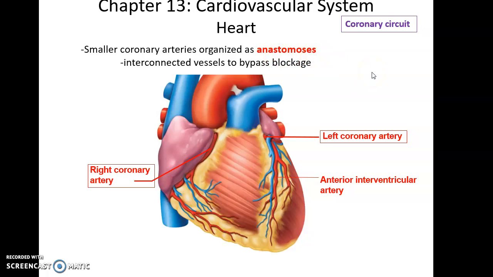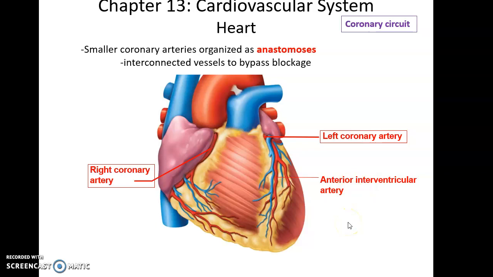Anastomoses are just a bunch of interconnected small blood vessels that are able to service the same tissues, so that if one of the small blood vessels gets blocked, blood can still bypass that blockage and get to the important tissues, in this case, the heart.